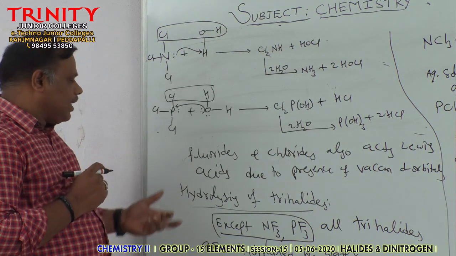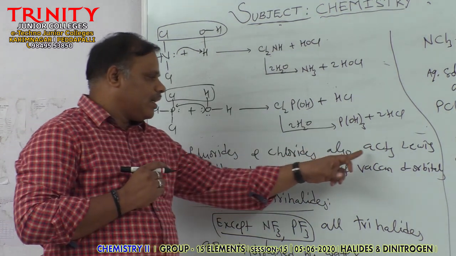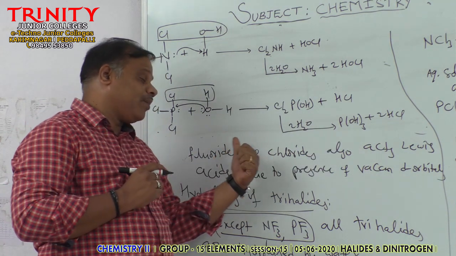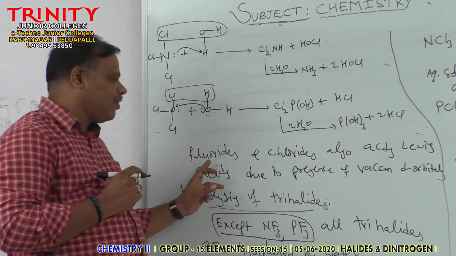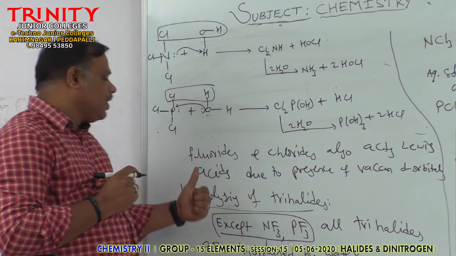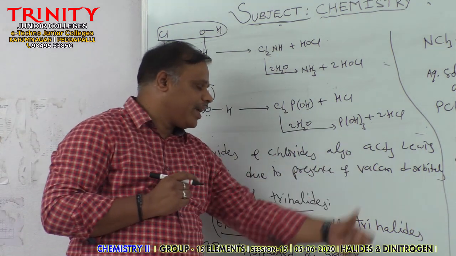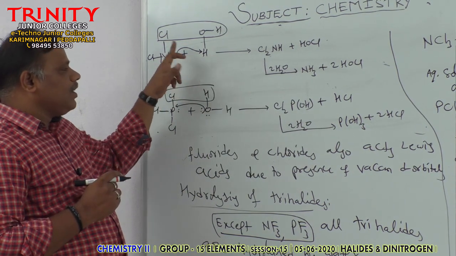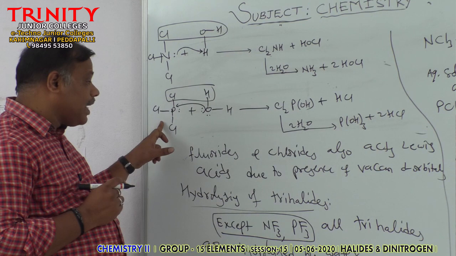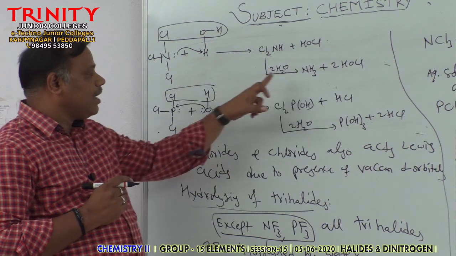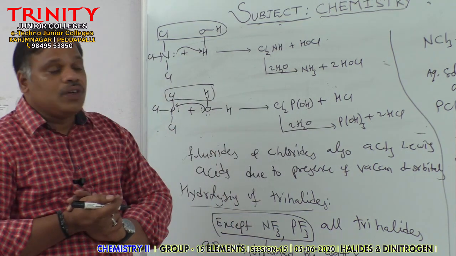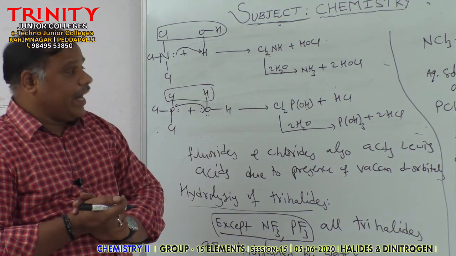Fluorides and chlorides of phosphorus and arsenic also act as Lewis acids due to vacant d orbitals. So NCl3 acts as a Lewis base, forming base, but PCl3 acts as a Lewis acid, forming acid.